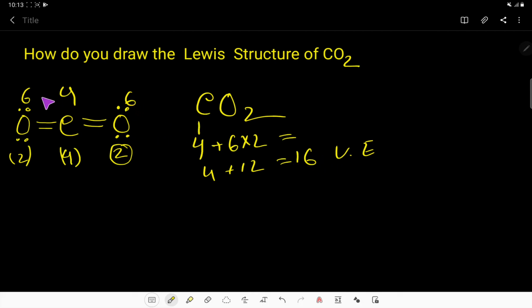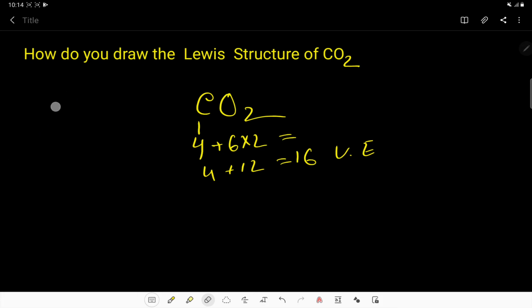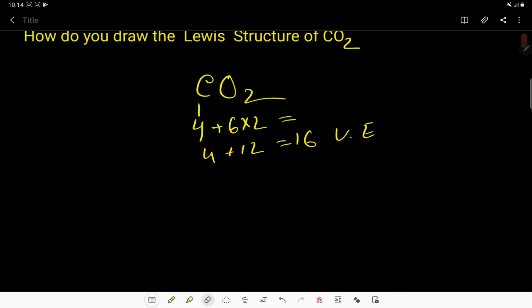Look, 2, 4, 6, 8, then 10, 12, 14, 16. So this structure has 16 valence electrons. This is the Lewis dot structure of CO2, and let us draw the Lewis dot structure in another method.